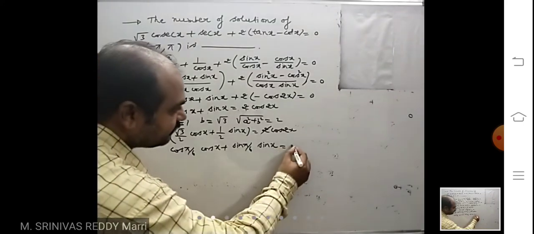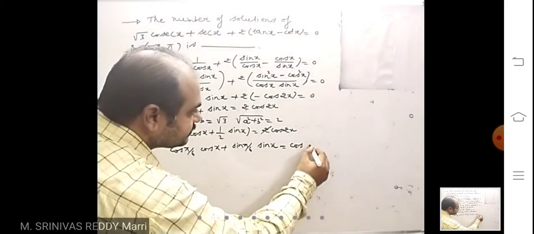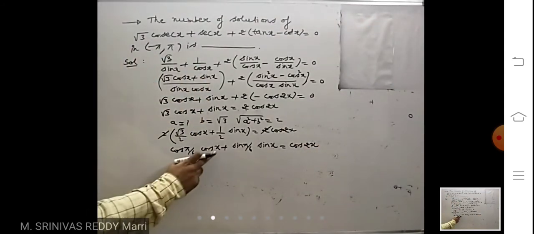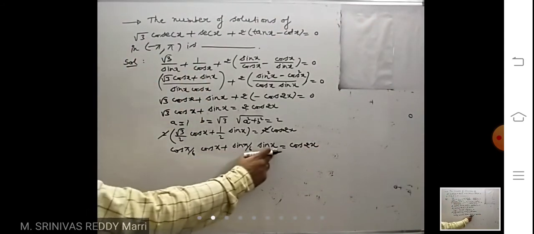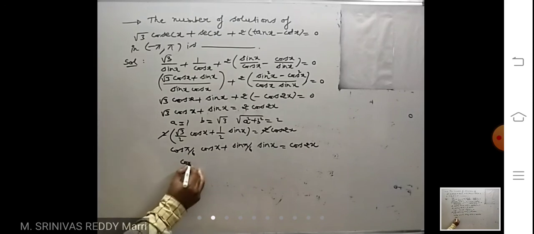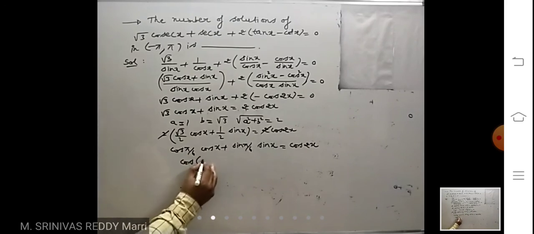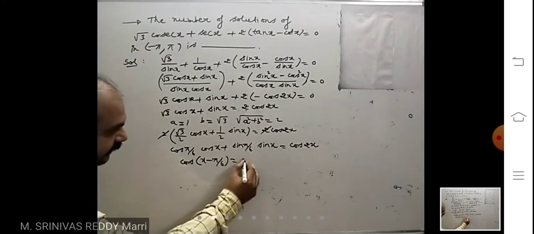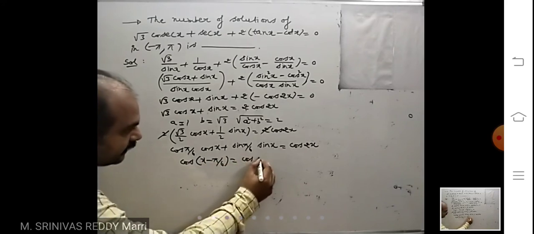So this is nothing but cos of 2x. Now I want to write this as cos A cos B plus sin A sin B. That means cos of x minus pi by 6 equal to cos 2x.